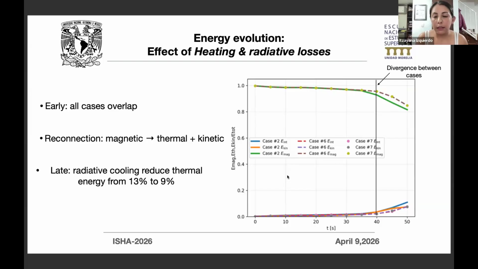On the other hand, in the energy conversion, the form that we use for the coronal heating does not affect the evolution. So this highlights the importance of including these two processes in the energy balance.